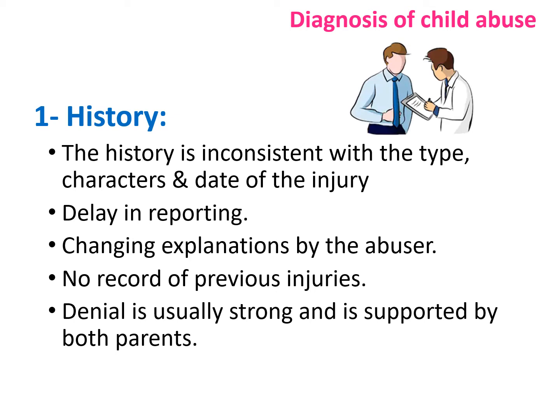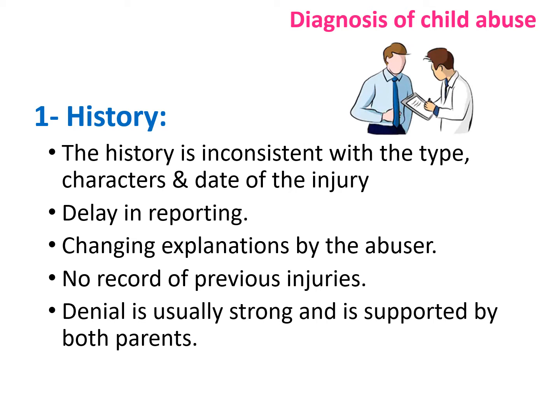Sometimes they come and say this child developed this injury in the morning, and after examination, you find that it did not develop in the morning, because it has healing signs or the bruise has different colors, which means that it occurred days before. So in most cases, the history in cases of child abuse is inconsistent with the type, character, and date of the injury.